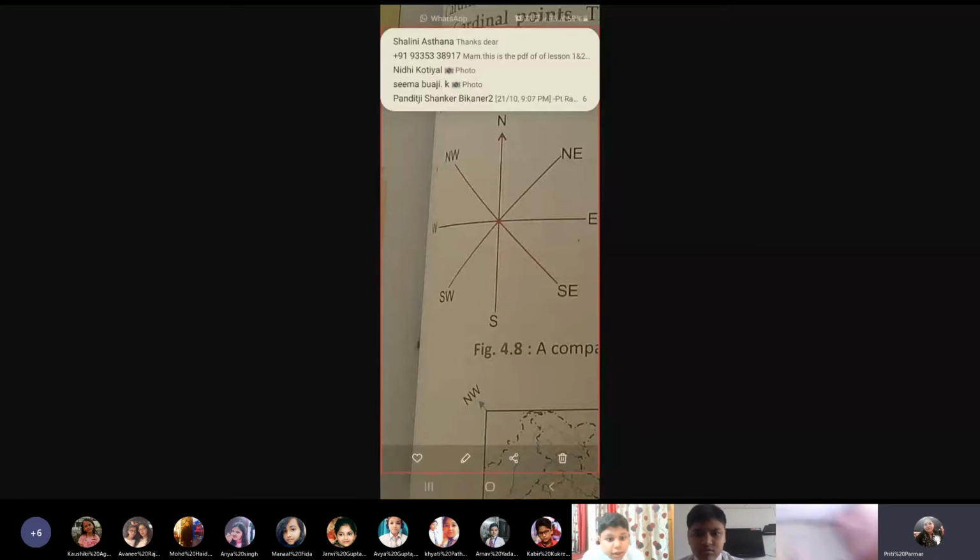Excuse me, ma'am. Yes. Ma'am, I'm saying that after this paragraph in the new book there is also a line given. They are also called ordinal directions. We have to write this also. Please write it, and I will also add this. Just a second.